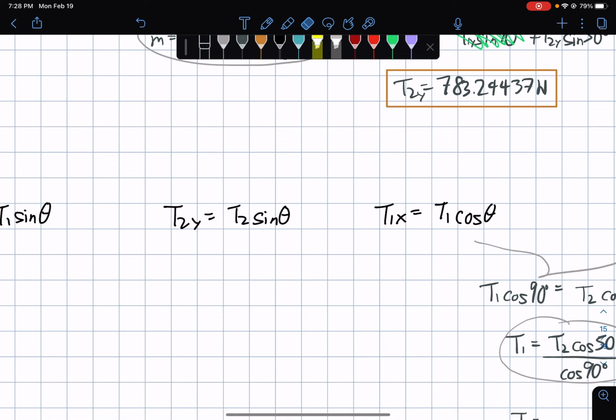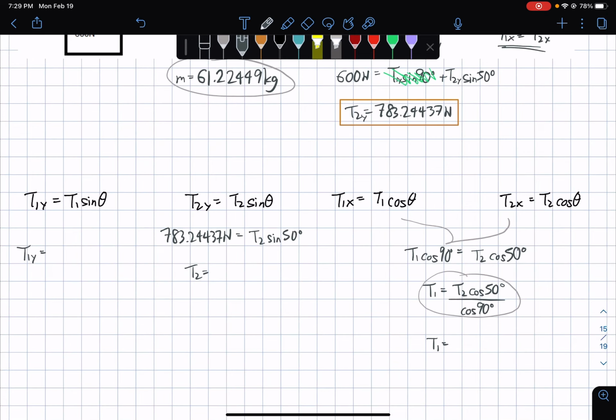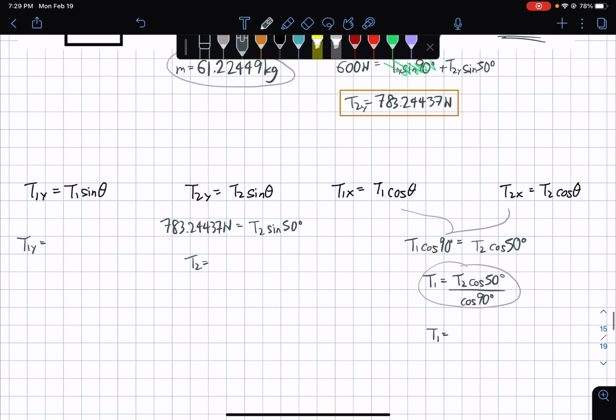So perhaps we use this one. Okay, what is T2? 783.24437 over sine 50 is equal to 1022.45291.